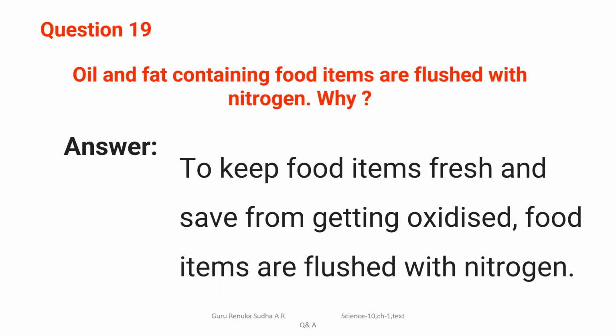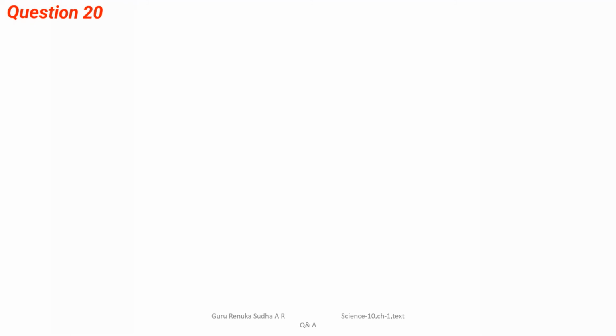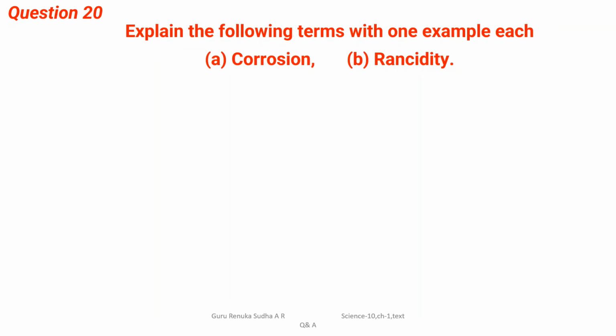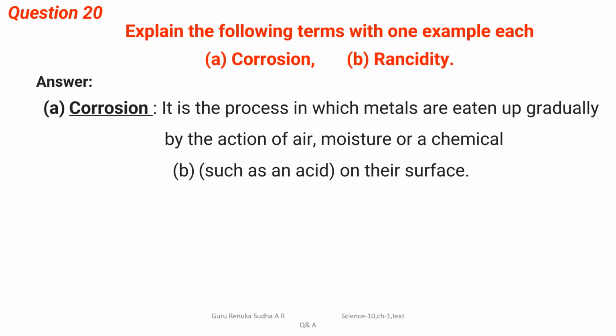That question will come to our mind. For that you have to write the answer: to keep food items fresh and safe from getting oxidized, food items are flushed with nitrogen. Yes, in order to keep the food fresh we are doing this.